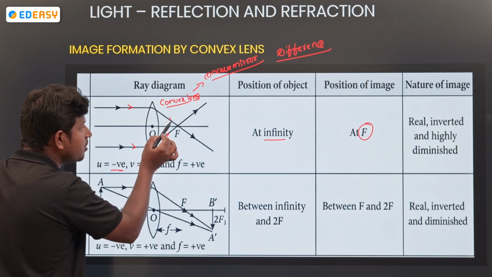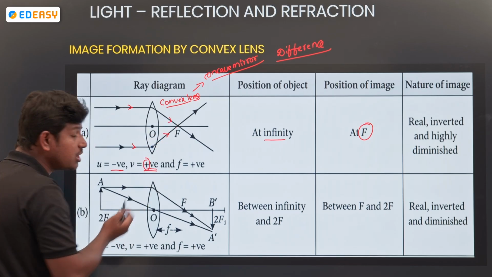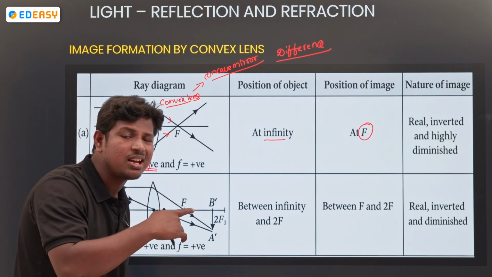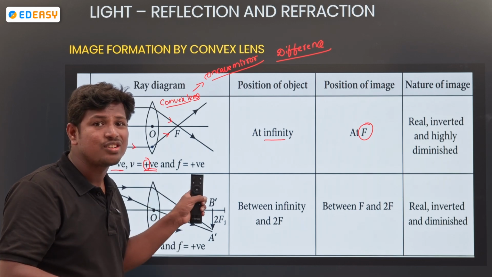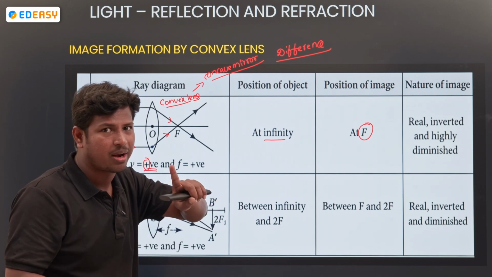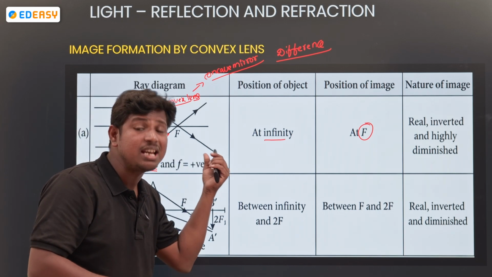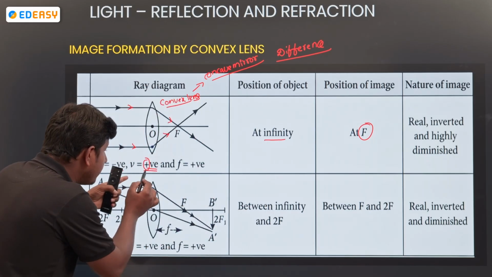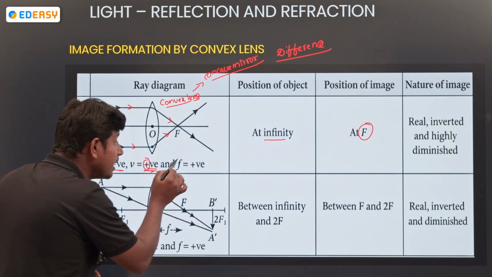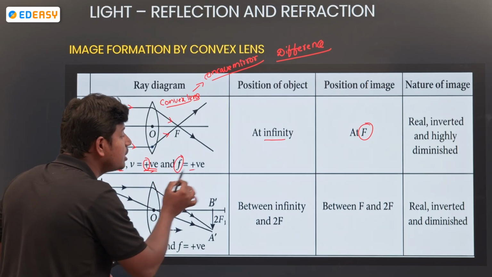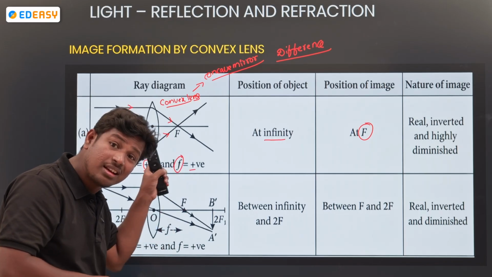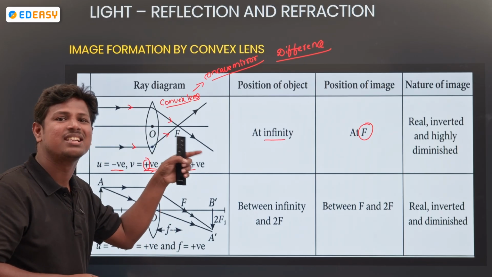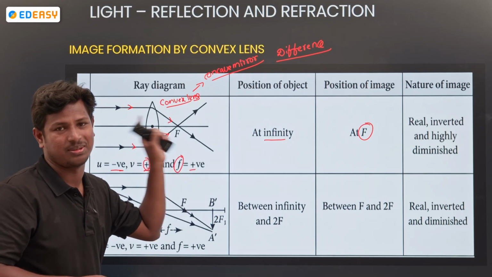Along the direction of the incident ray, it is positive; opposite to the direction, negative. That's why v is positive. And f is also along the direction, so f is also positive.